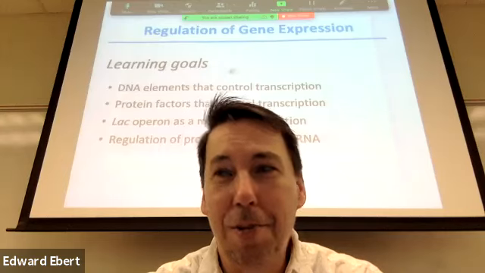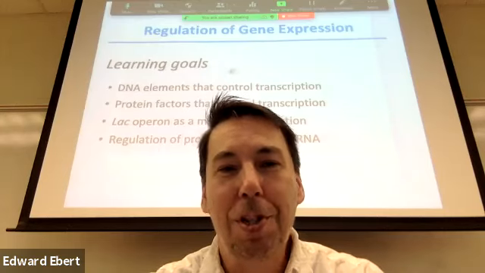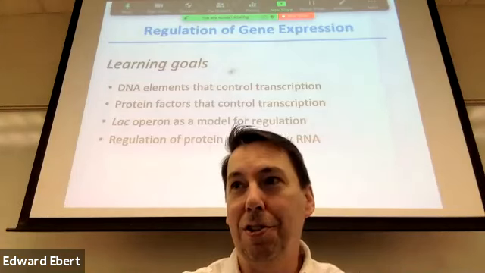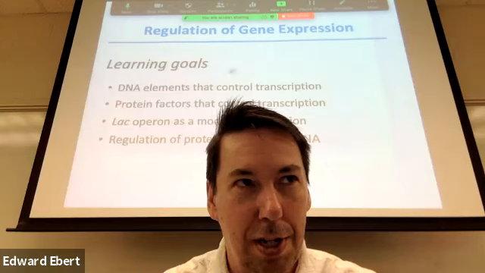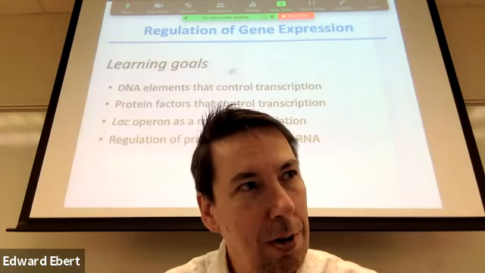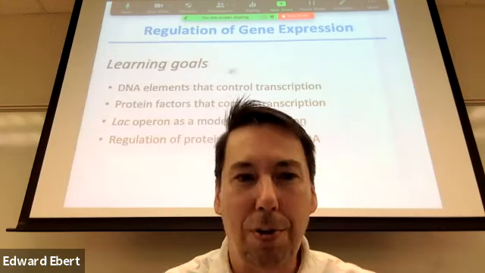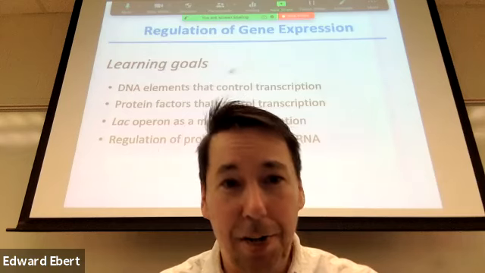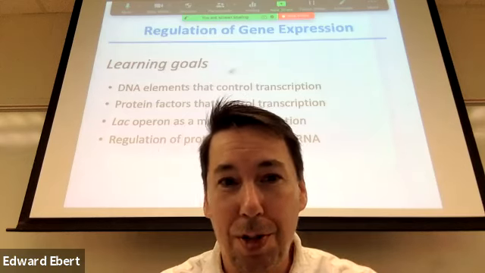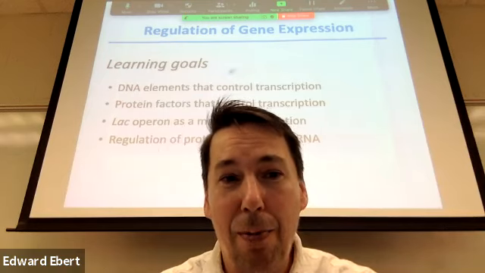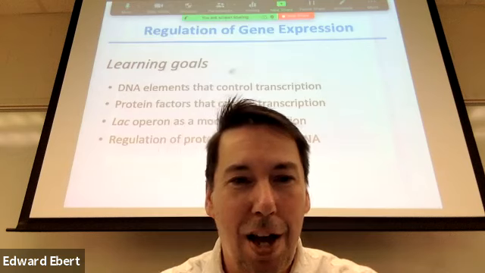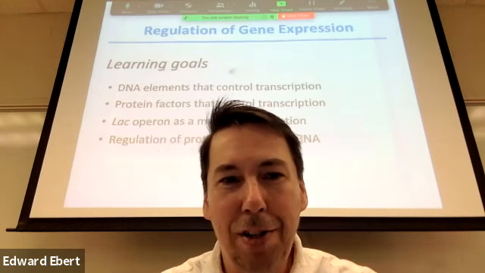But the idea here is we're going to take these last 4 chapters and combine everything, just like we saw with our hormonal regulation in chapter 23. Our DNA elements control transcription, our protein factors control transcription. We have this example of the lac operon in there. I may not go into much detail about that.